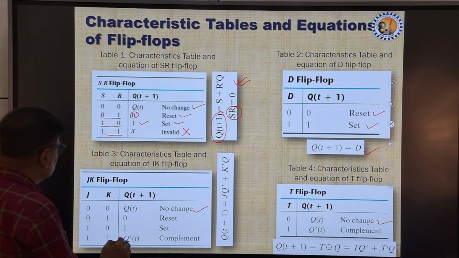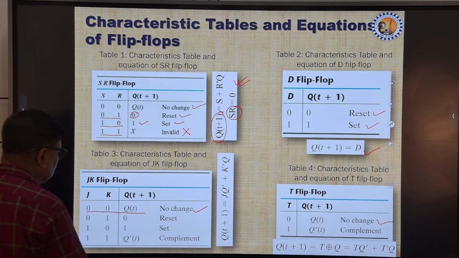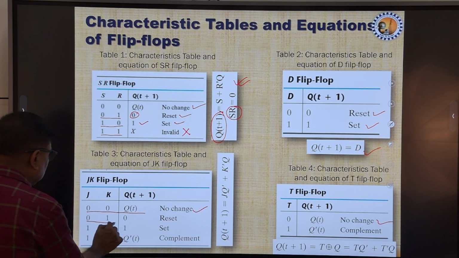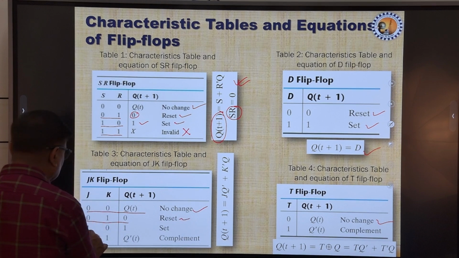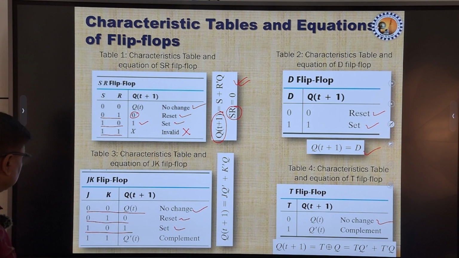Then comes the characteristic table and equation for the JK flip flop. We have already discussed this condition. 0 1 is the reset condition, 1 0 is the set condition, same as the SR flip flop.